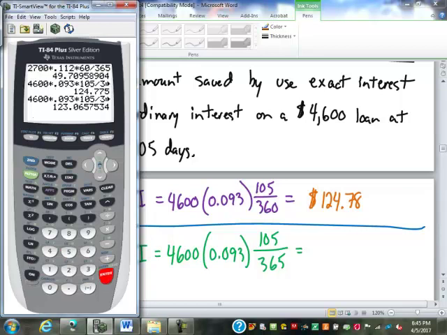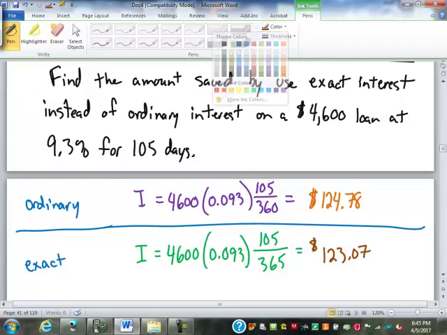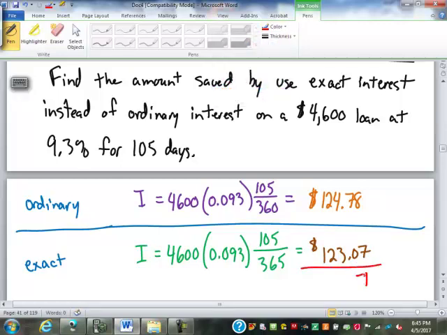Giving us 123.07. So we subtract, we have a difference of $1.71. Any questions?